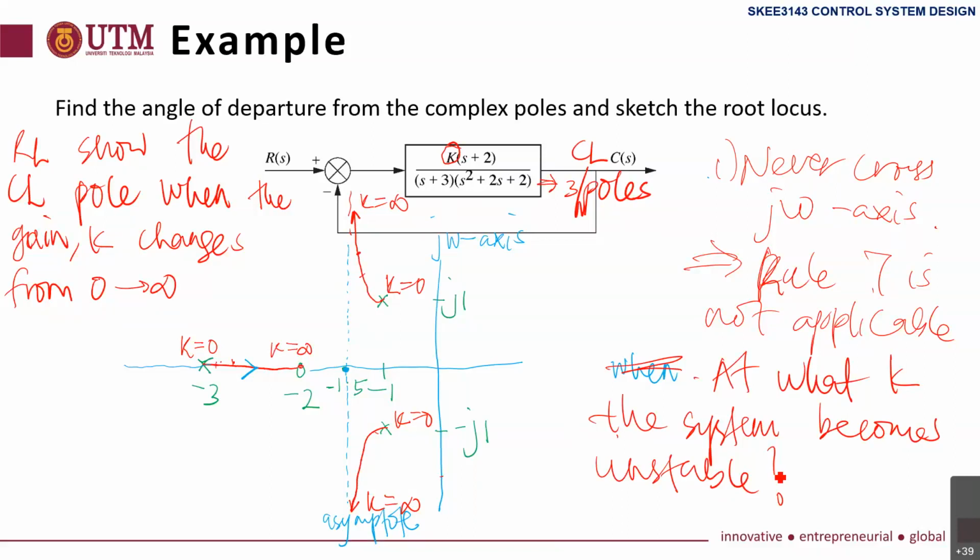As we already have the root locus, we can obtain it directly also. So how can we determine system stability besides the Routh-Hurwitz criterion? In what condition does the system become unstable?